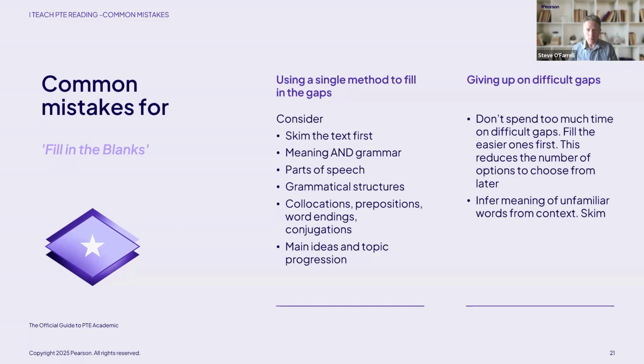Think of this for your test takers: they've filled in the easy ones. Number one, they've saved some time, and number two, they've reduced the selection, and hopefully can make their choices a little more easily, and also make sure they can infer the meaning of unfamiliar words from context. More on this a little bit later on.